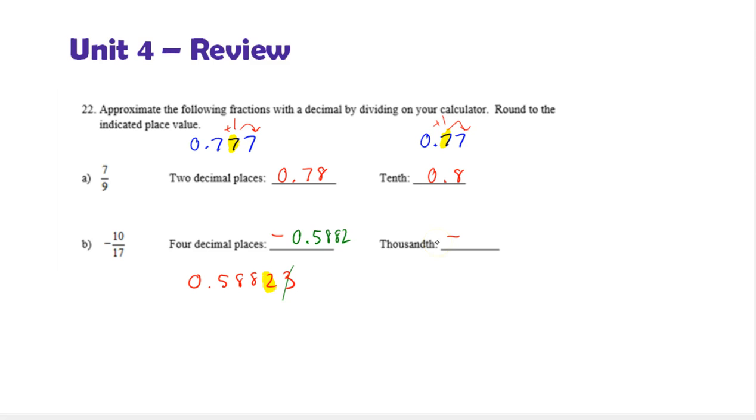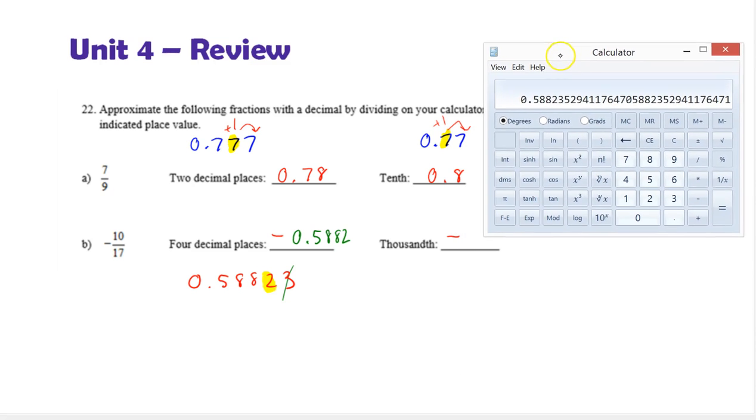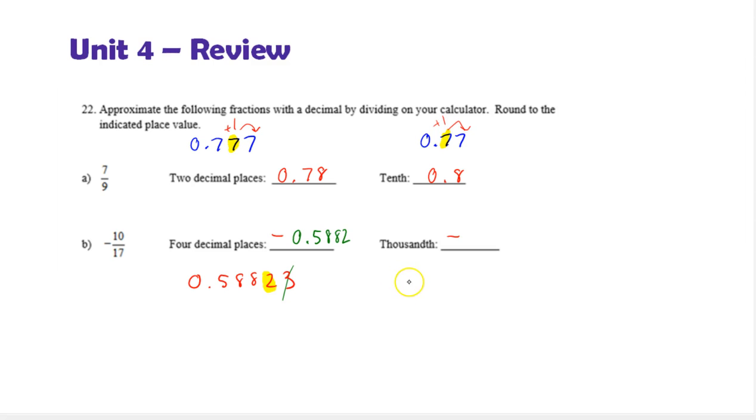Now let's round to the nearest thousandth. Actually, I have the digits I need here, but it's best if you focus on the calculator so you don't use a pre-rounded version. So thousandth is 3 decimal places, so I'm going to look at 4, which is 5882. So 0.5882.